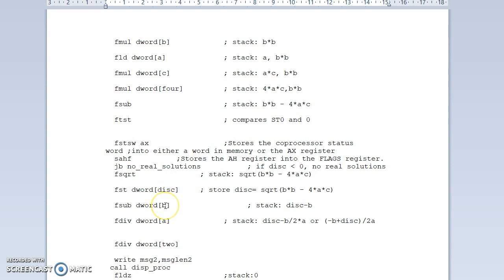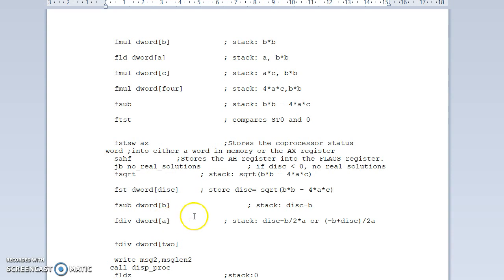Then FSUB operand: the operand is subtracted from the top of the stack. So the operand is b, so disc minus b will be stored in the top of the stack using the FSUB operand instruction. FDIV: the top of the stack will be divided by the operand.